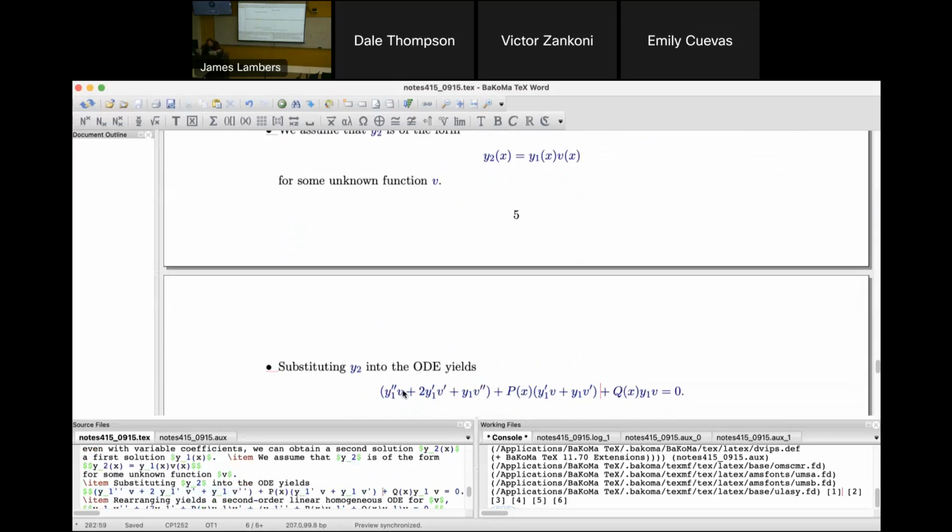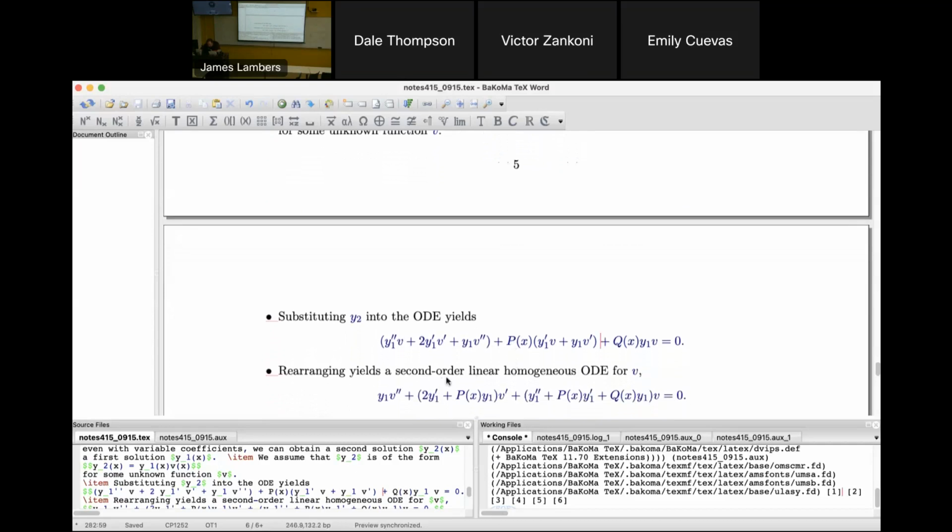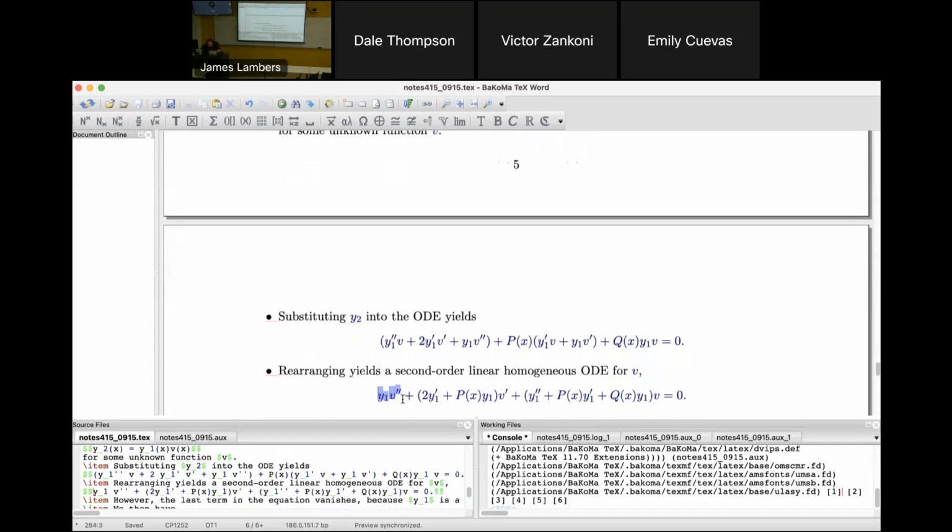And what I'm going to do now is rearrange these terms. I want to get all terms involving v together, and then v prime and v double prime. So here's the only term that involves v double prime.